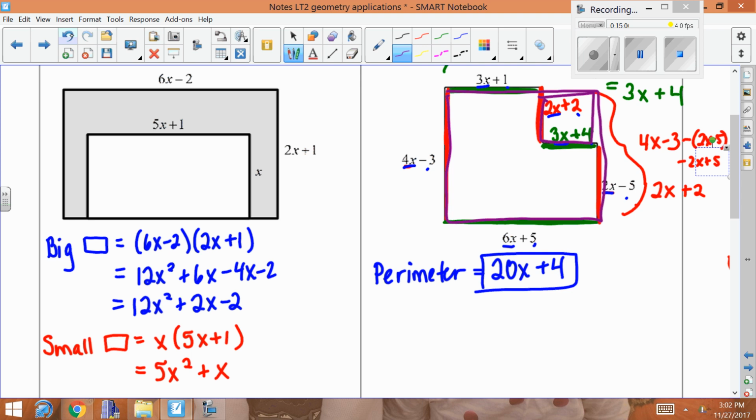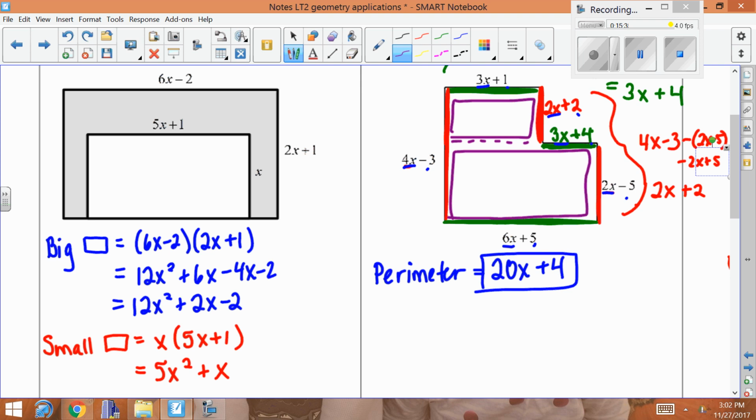You could also separate this into 2 smaller rectangles, find this one and then this one, and add them together. Or you could find these 2 rectangles and then find the area of this one and the area of this one. Completely your choice. There isn't one way that's necessarily better than others.